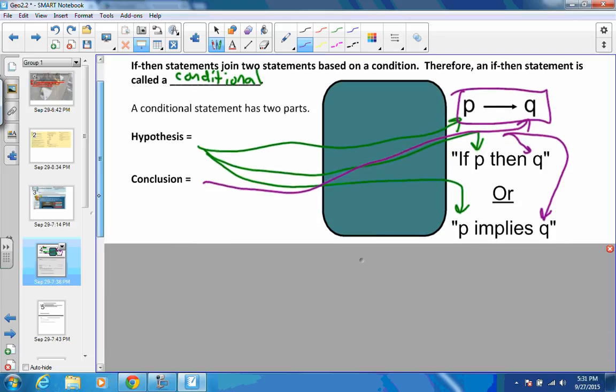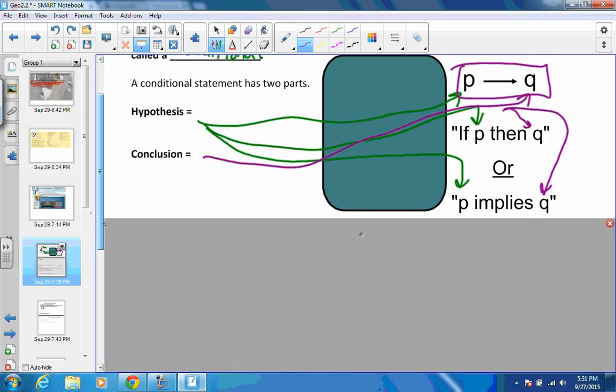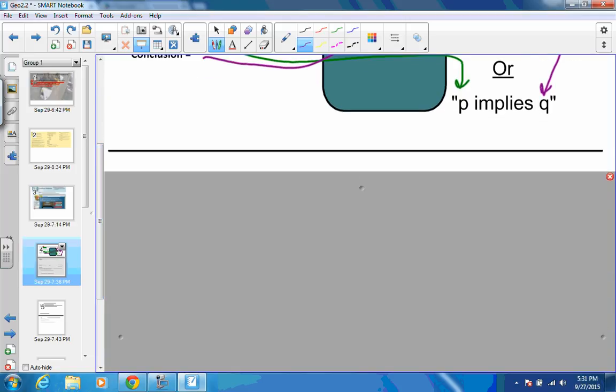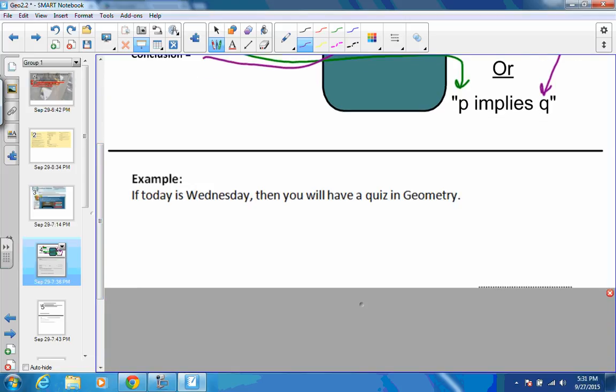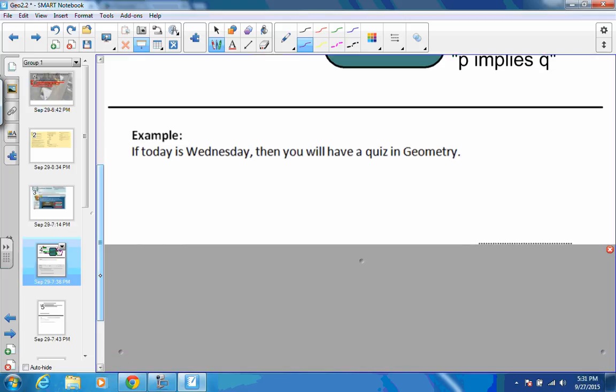So if-then statements are called conditionals. Let's talk a little bit about these if-then statements. Here's an example. It says, if today is Wednesday, then you will have a quiz in geometry, which actually won't entirely be true. But if you look at this, what is the hypothesis and what is the conclusion? Well, the hypothesis we said is always the part before.